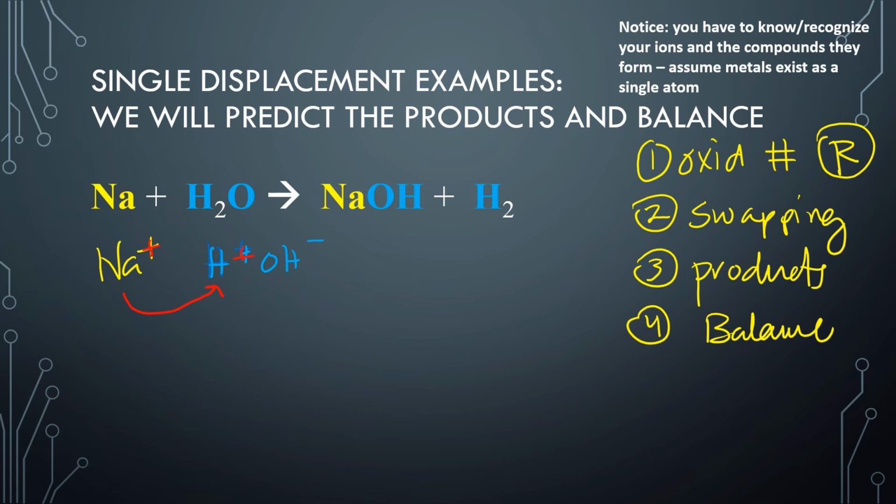So now you have Na plus and OH minus and H plus. Step 3 is determine the product. So you're going to crisscross to get your new product. It's going to be just NaOH, and then H is a diatomic element, so it would be H2. And then you would balance. So the coefficients are 2, 2, 2, and then 1.